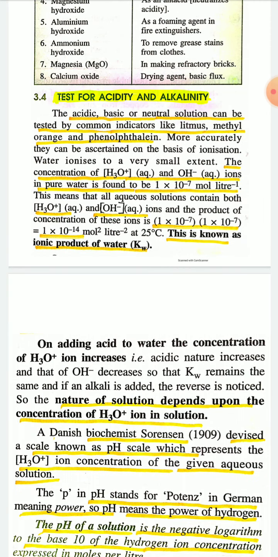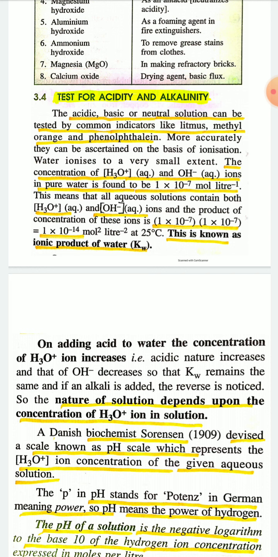Okay. Now nature of a solution. I have told in previous videos that all acids produce H3O+ ion, and bases produce OH- ion, but water can produce both ions, H3O+ ion and OH- ion.